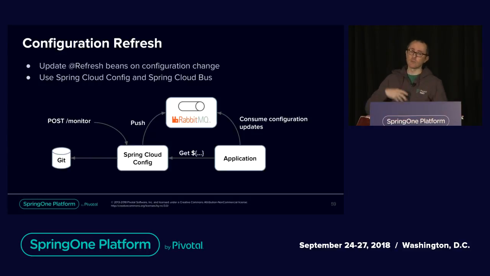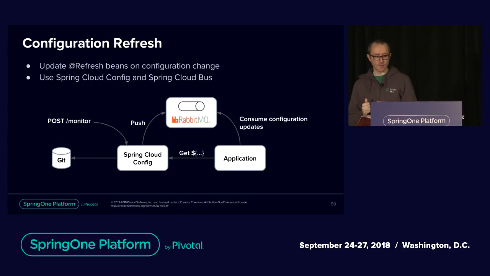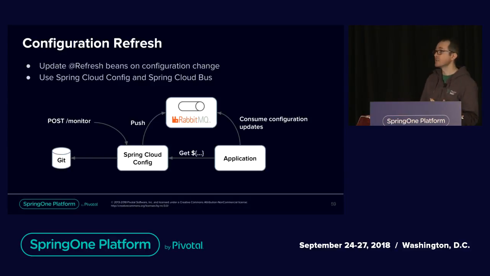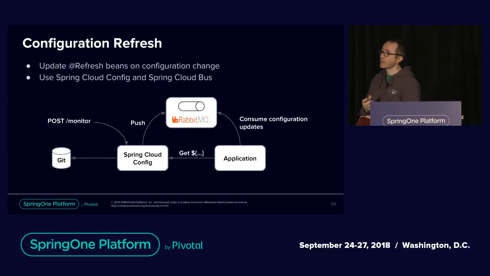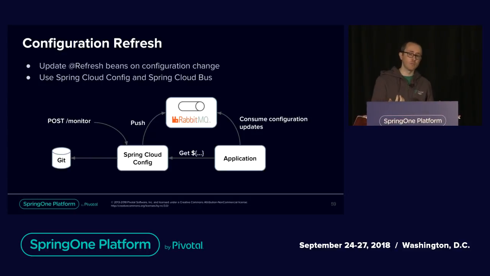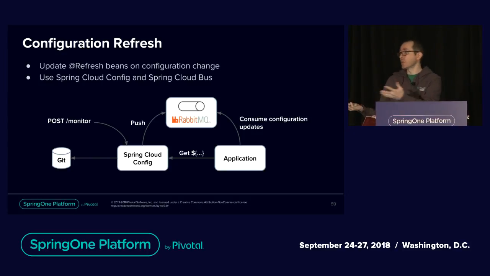Thanks to Spring Cloud Bus, the configuration change will be pushed on some RabbitMQ queue where applications are listening. So the application can consume configuration updates and make anything they want after these changes.